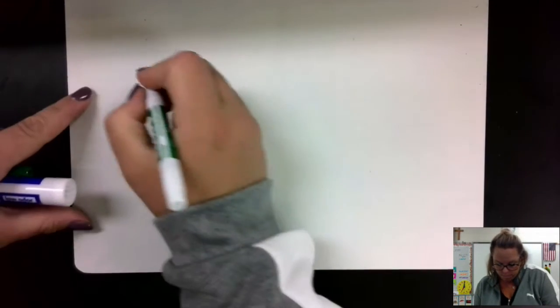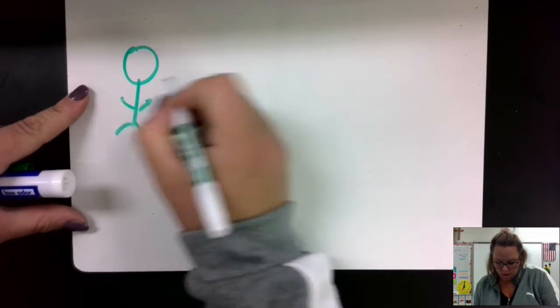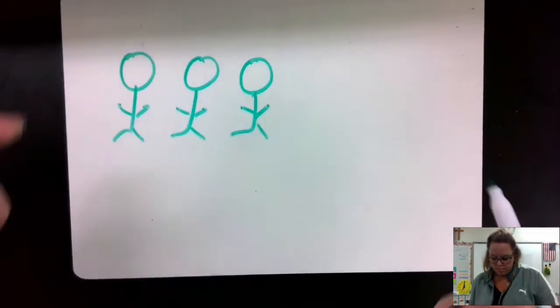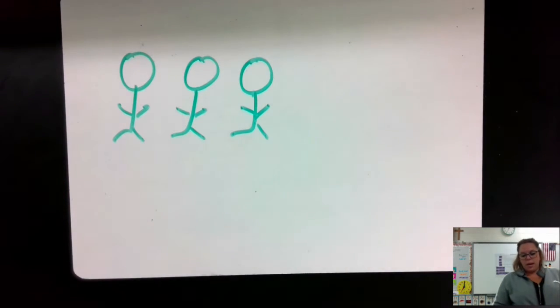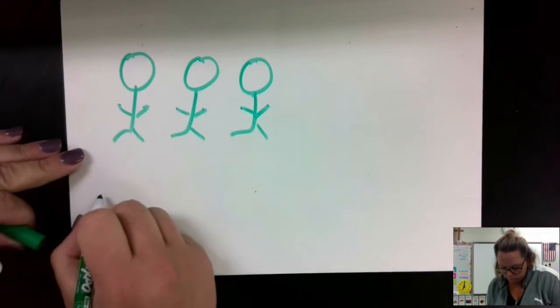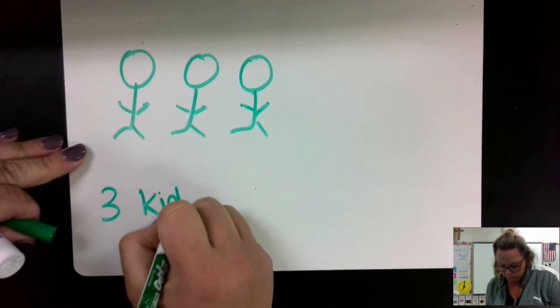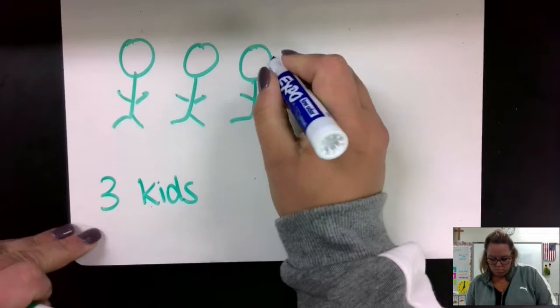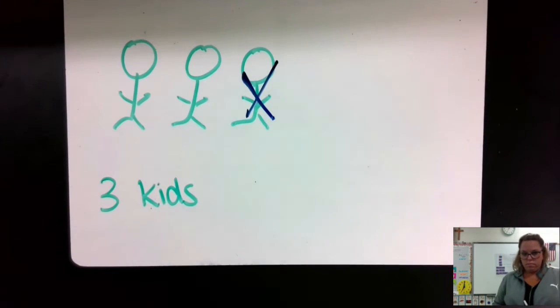Okay, now I have 3 kids that went to the movies. And they were having a really good time at the movies. And then one of them had to leave early.